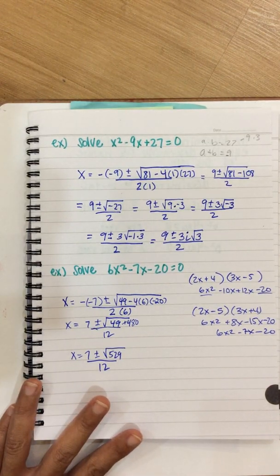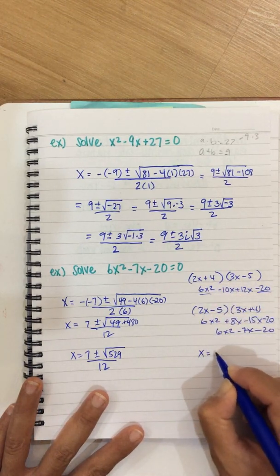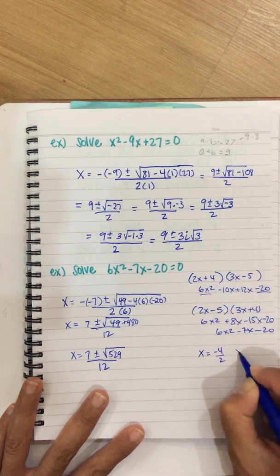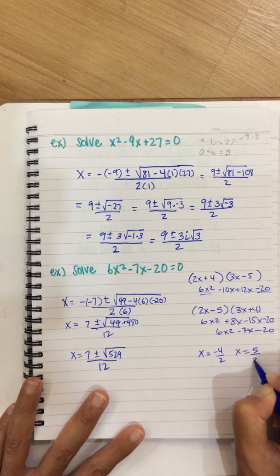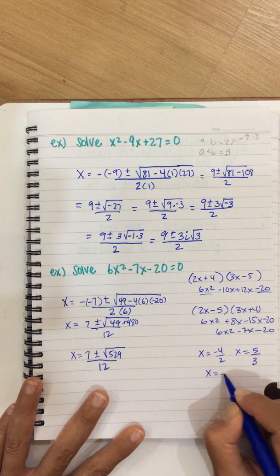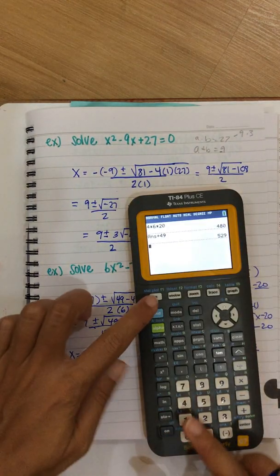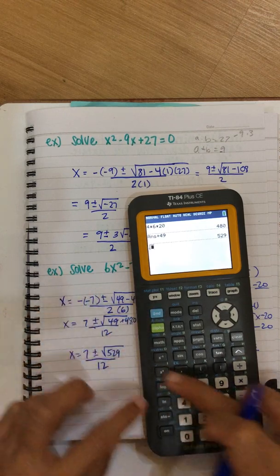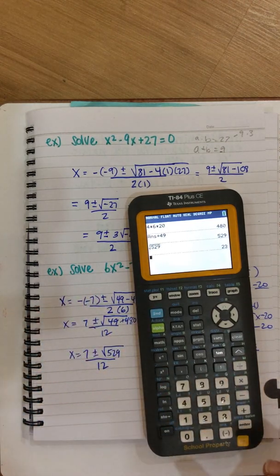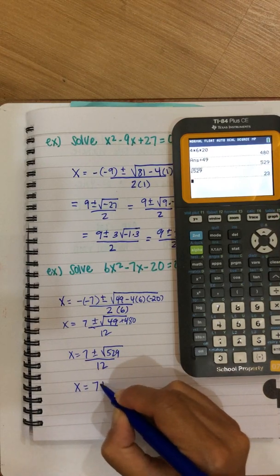Now let's check this. So here, if I had solved this, I would have gotten x equals negative 4 over 2 and x equals 5 over 3 plus 5, yep, which means this is x equals minus 2. So let's see what we have there. First is, does that work out? Is that a perfect square? Oh, that is 23. I didn't know that one.